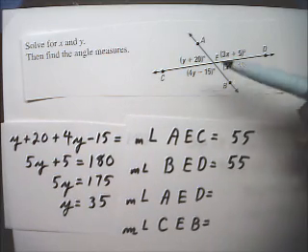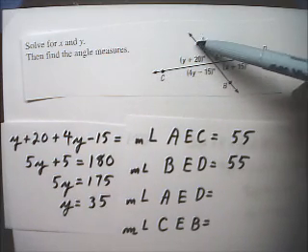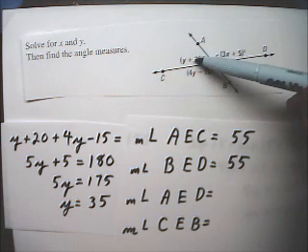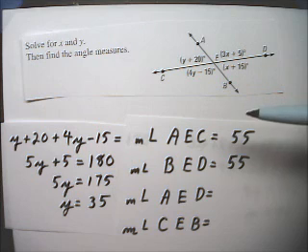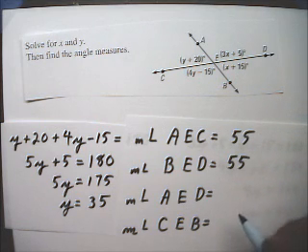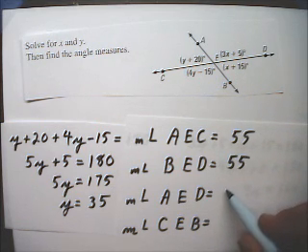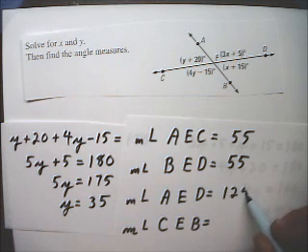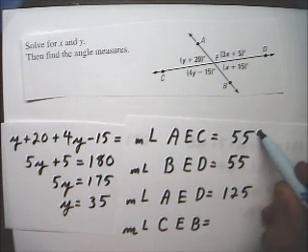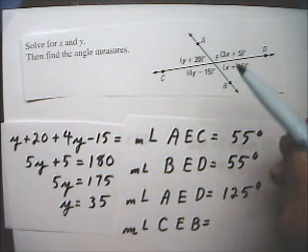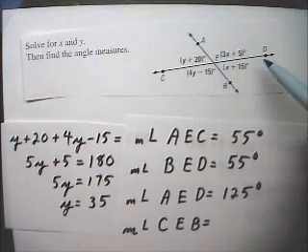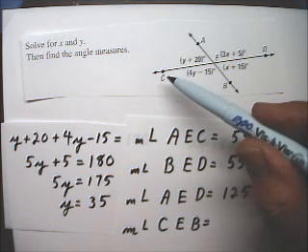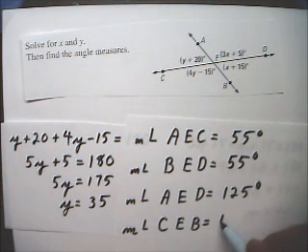Now, if AEC is 55, then this one plus this one is 180, so that makes this one 125. And then this one is vertical with CEB. So AED is vertical with CEB, so it's also 125 degrees.